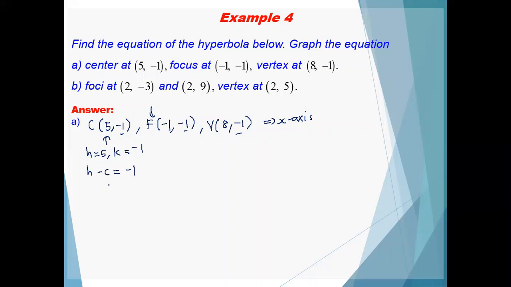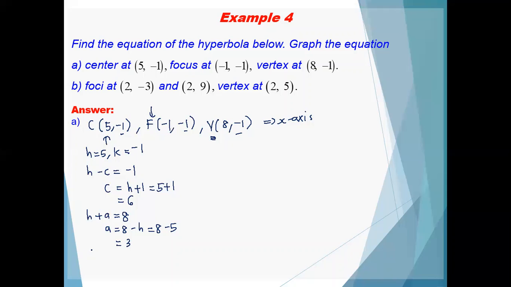Okay, so c is h plus 1, which is 5 plus 1, so c is equal to 6. And then we have the vertex. Because it is along the x-axis, it will be h plus a equal to 8. So a equals 8 minus h, which is 8 minus 5. So a is actually 3.